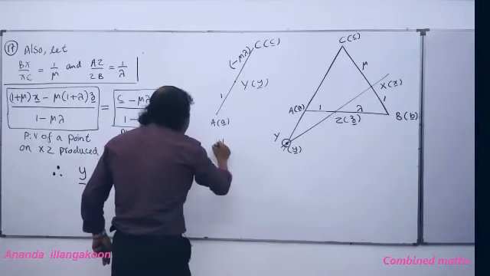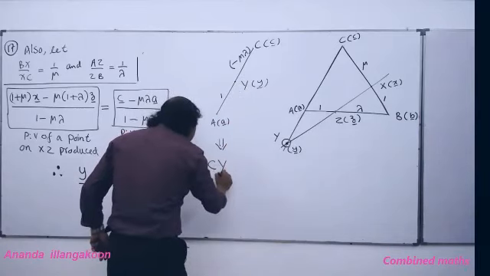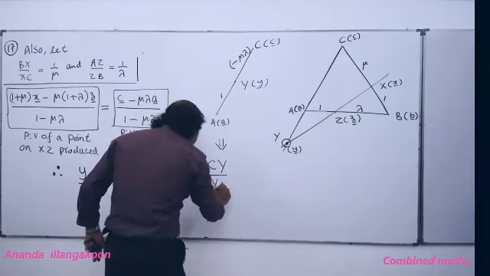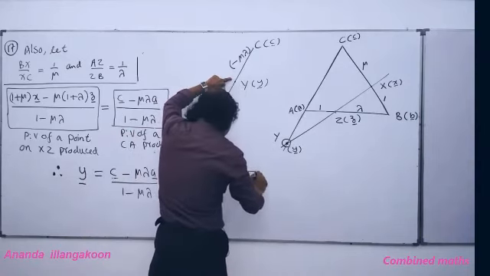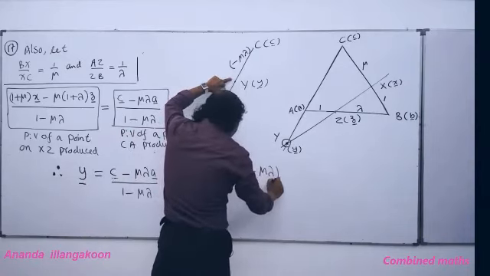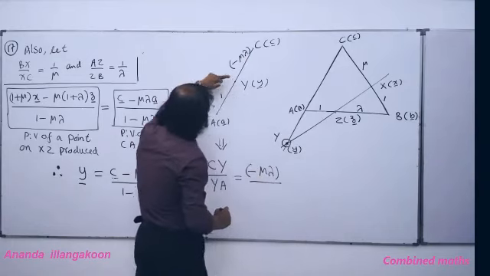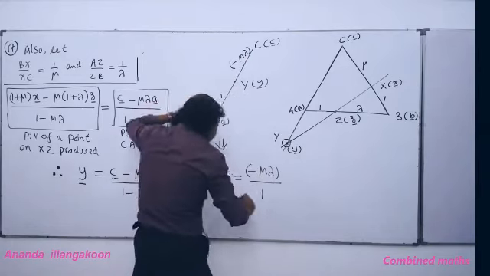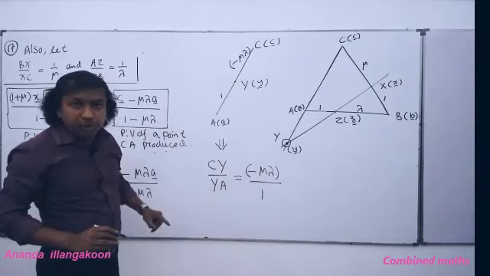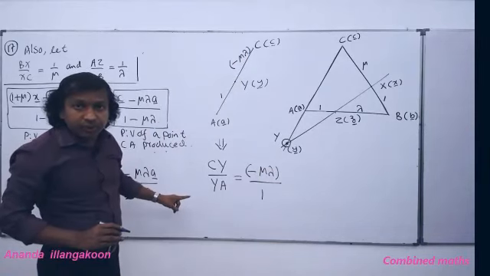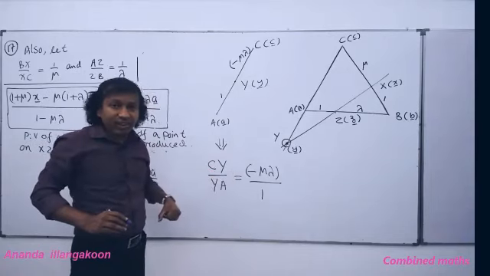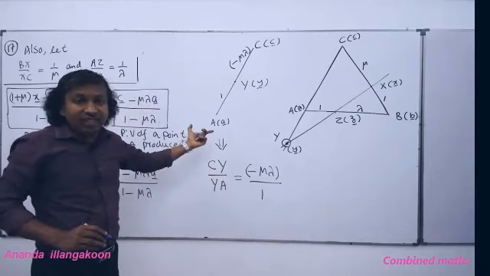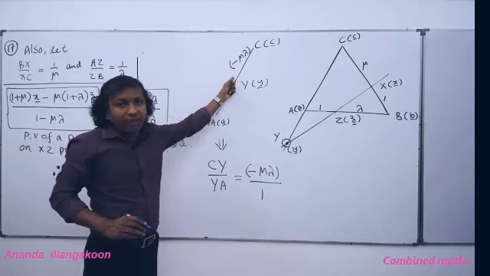According to this, we can write CY divided by YA. CY is minus mu lambda divided by YA is 1. I think you accept this result I got. This minus is coming because Y is not in between C and A. That is still available here, people, though we have marked it this way.